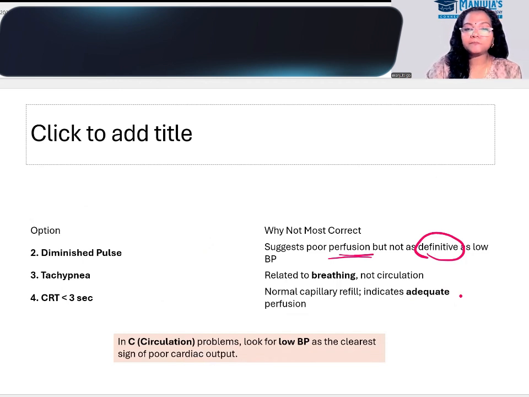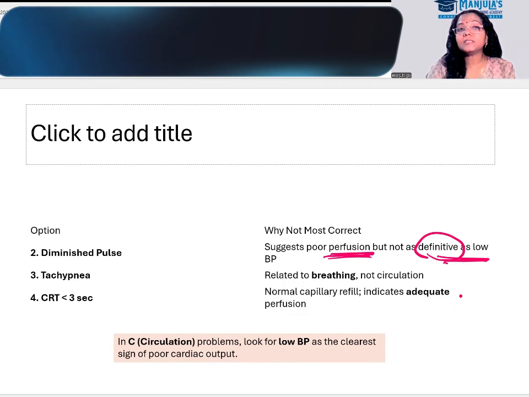That's why it is not very definitive of decreased cardiac circulation or decreased BP. It's not as definitive as a low BP. So low BP is the definitive sign, not the diminished pulse.